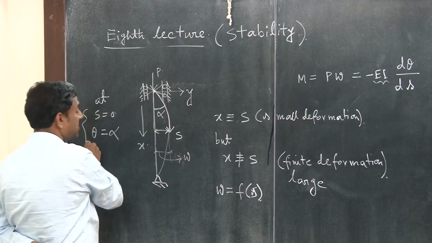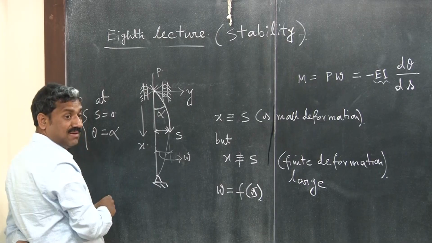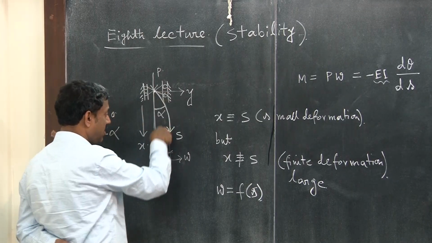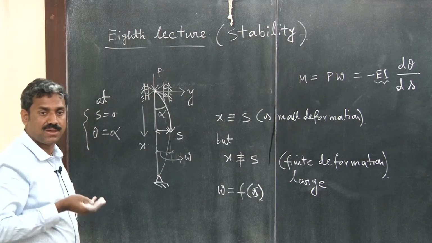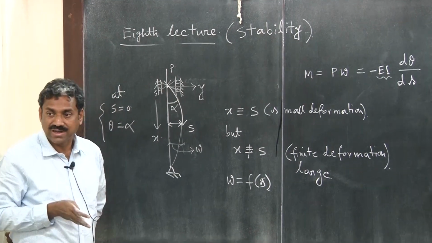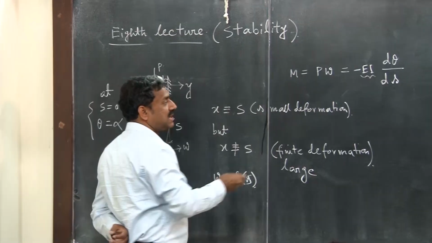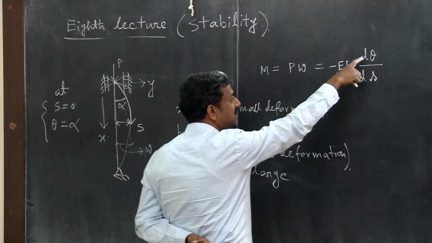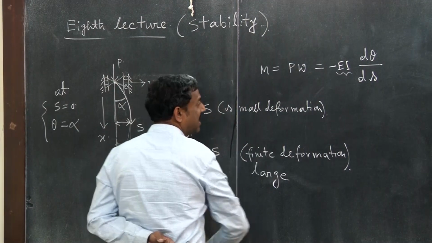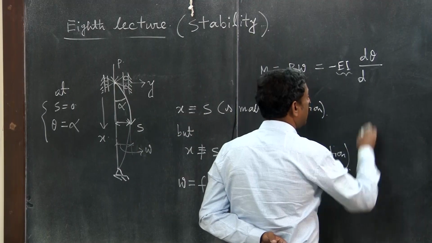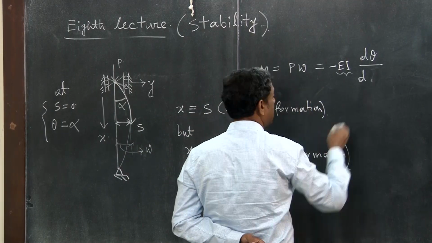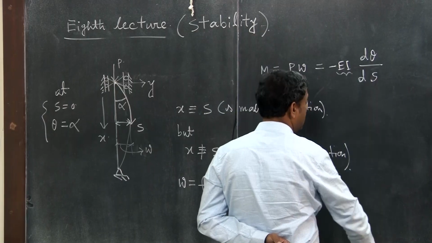That is one of the boundary conditions. We are distinguishing between the x and s coordinate, the deformed one. So change in slope is nothing but d theta ds.